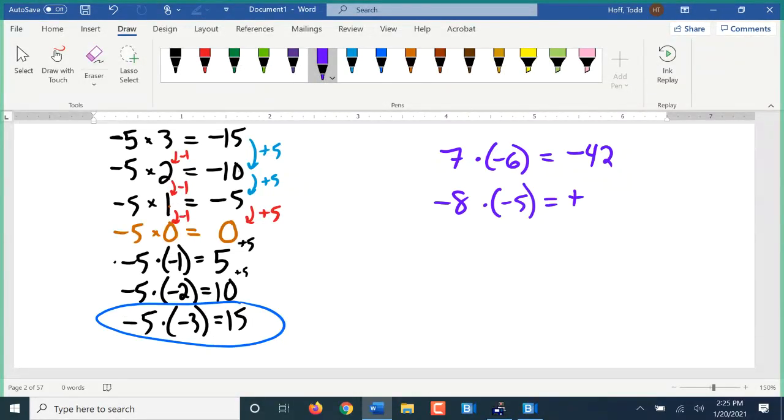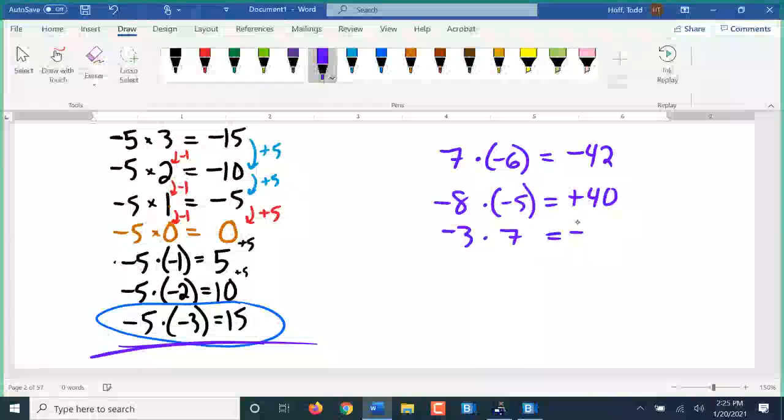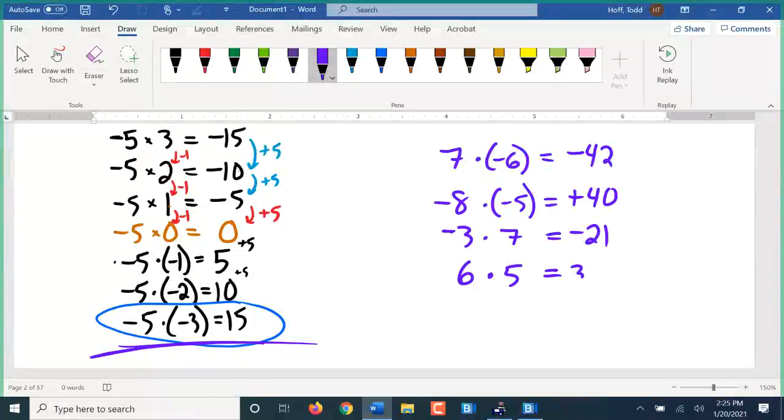A negative times another negative, we just saw, is positive. 8 times 5 is 40. -3 times 7 gives us negative 21. Good. A negative times a positive is a negative. 3 times 7 is 21. And positive 30. A positive times a positive is always fine.